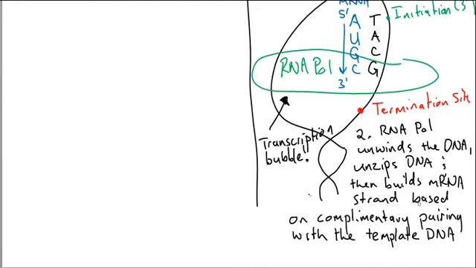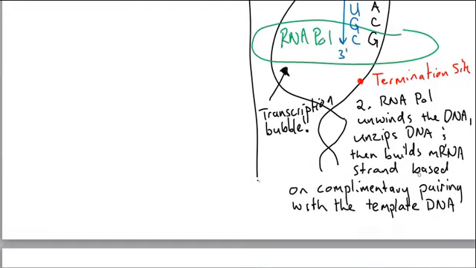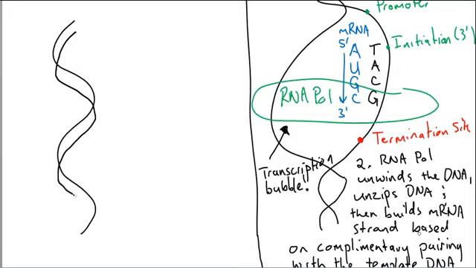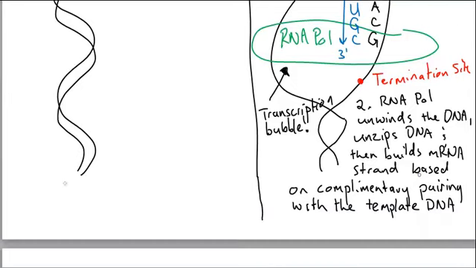Okay. And then we go on to our last picture, where once the RNA polymerase hits the termination site, it actually falls off the DNA. And the DNA goes back to being its normal double helix self. So we get our template DNA. Sorry, guys.